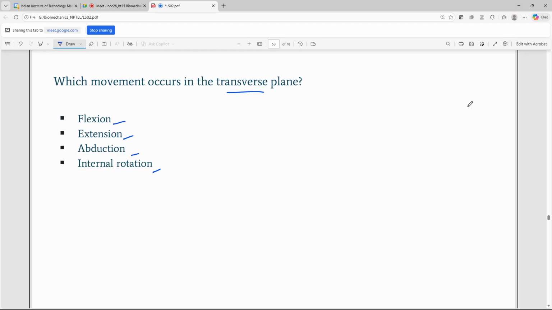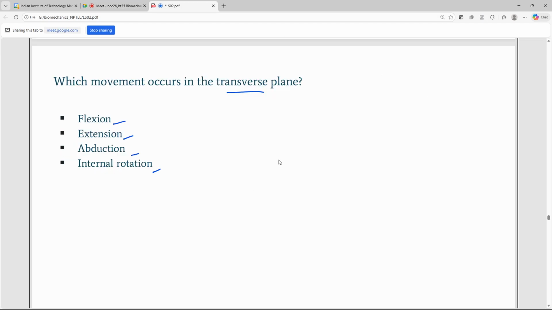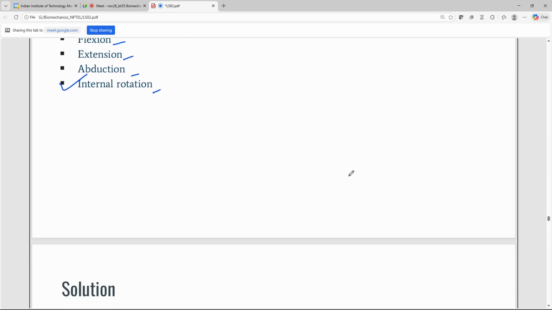If you remember the first question itself about the atlanto-occipital joint, those kinds of motions are rotations. So the rotations happen with respect to the transverse plane. The answer is option C, that is, internal rotation occurs in the transverse plane.